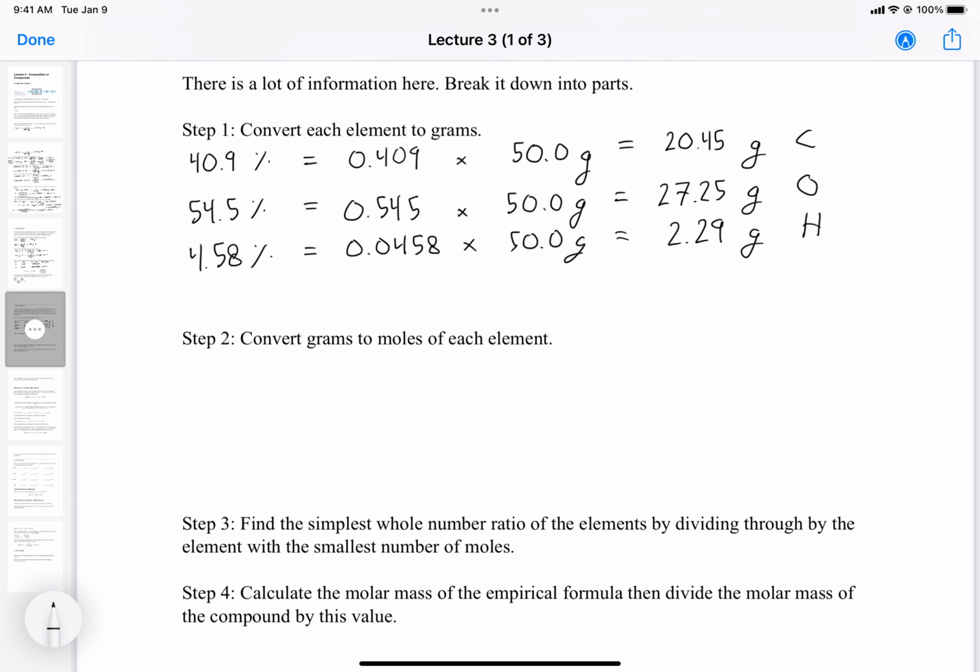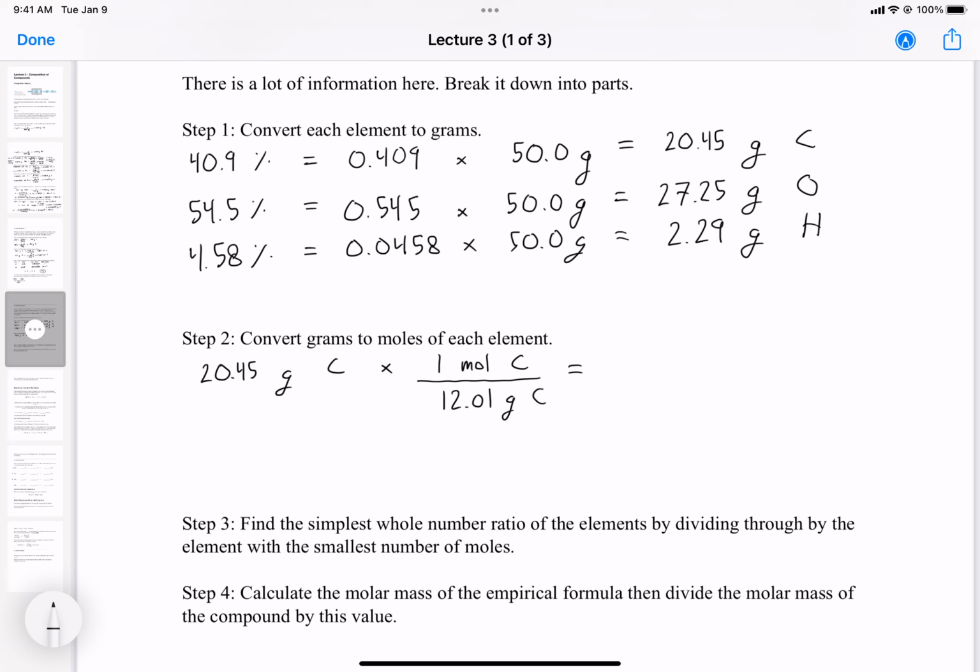All right, so let's start with carbon, 20.45 grams carbon times 1 mole over 12.01 grams carbon. Okay, so let's first do our carbon example.